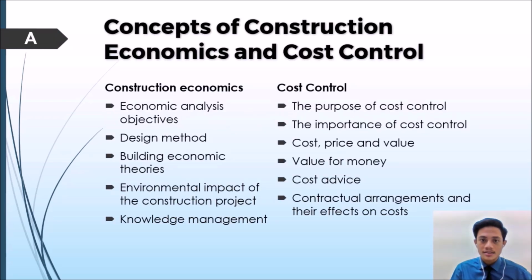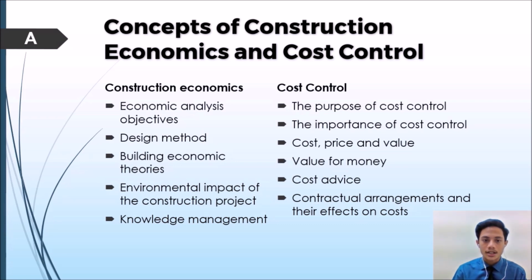This topic is divided into two main parts, which are construction economics and cost control. First is construction economics, an area of study that applies the techniques and expertise of economics to construction projects. For example, the study of the client's wants and needs to ensure the design of the project is kept within the available budget.